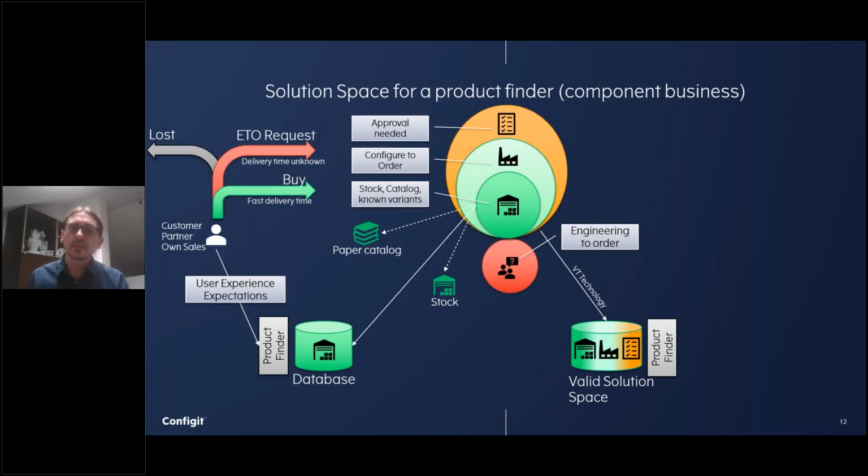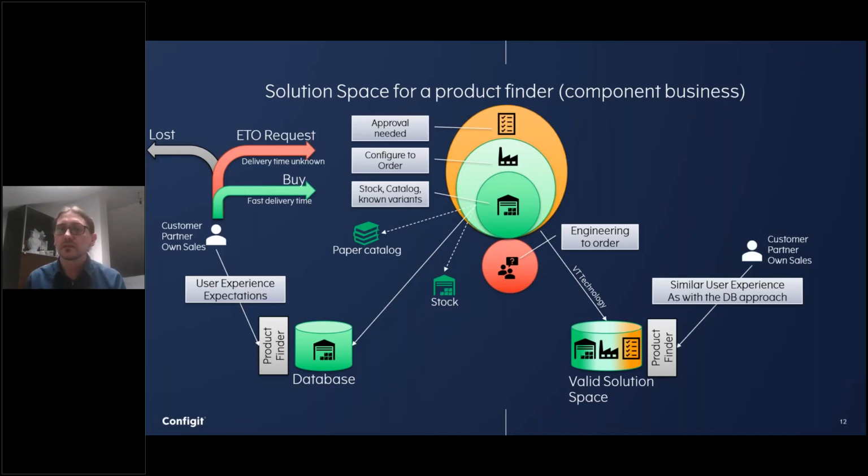The front end might be exactly the same as you have seen before. So it will still be the product finder, so you get a similar user experience as with the database approach. But the difference is that you can now offer a lot more configurations to your end users. Not only the dark green one, you can also offer the light green and the orange one to a user.